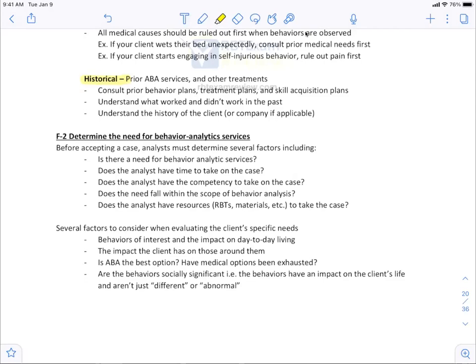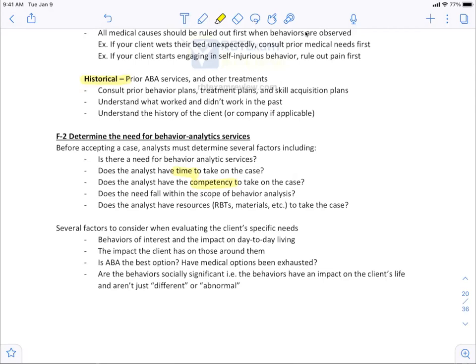Now, looking from your perspective, do you have time? Okay. Do you have the competency? All of these are important. If you have a caseload of 15, which is large, are you going to have time to take on 16 clients? And if you specialize in autism and this individual has Down syndrome, are you competent enough to handle a child with Down syndrome? Both things you need to consider.